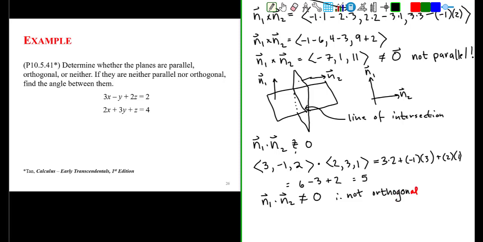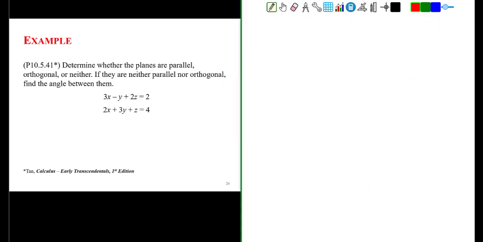For those planes to be orthogonal, we would have ended up with a dot product equal to 0, which is not what we have here. We have a dot product equal to 5. We now know that the planes are neither parallel nor orthogonal.